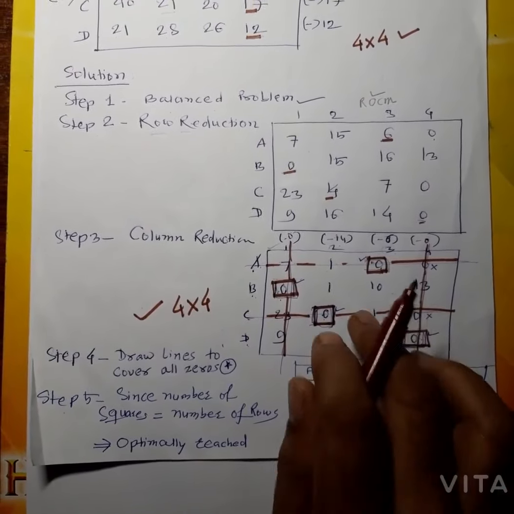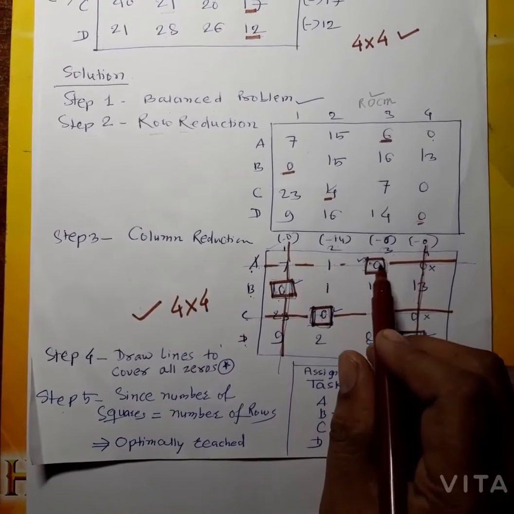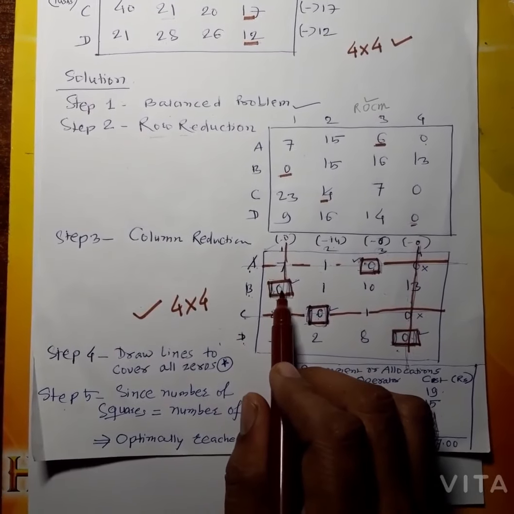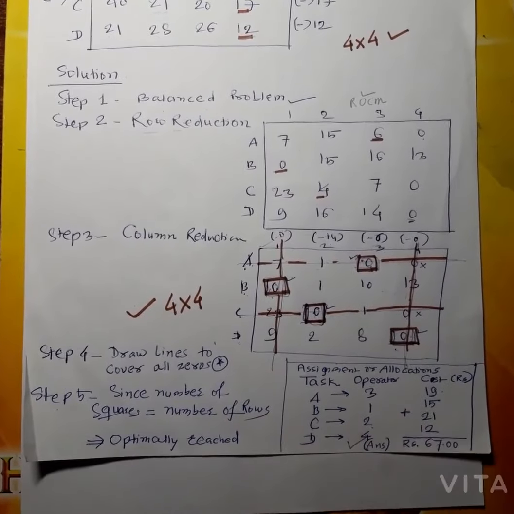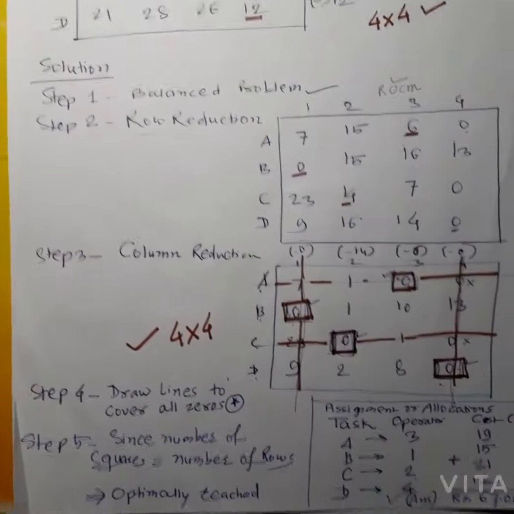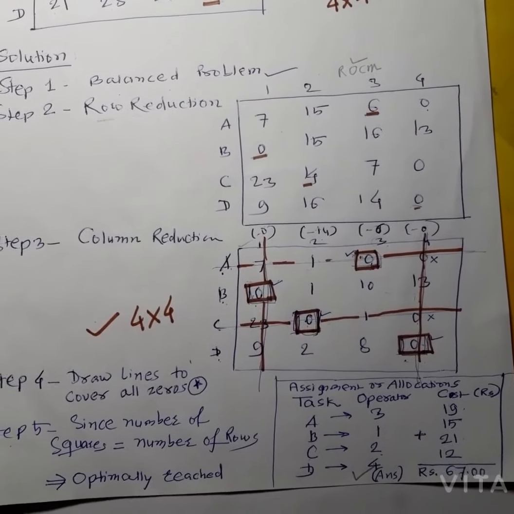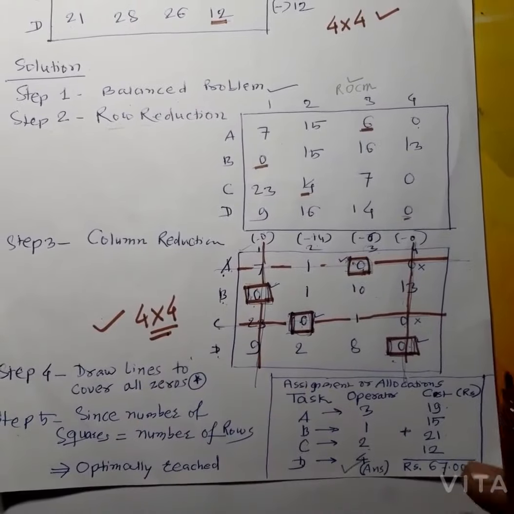Now from this matrix you can see A should be assigned to operator number 3, B to operator number 1, C to 2, and D to the fourth operator. Just put the corresponding values, because we found the optimal solution.